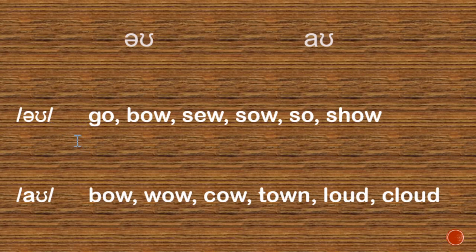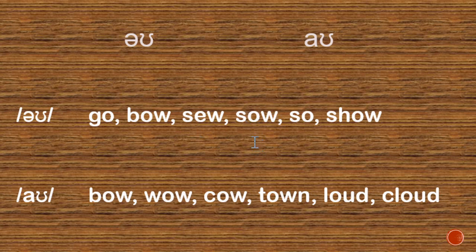Anyway, just know that there is a sound, as in go, bow, so, show. I've intentionally put these 3 because all the 3 have the same pronunciation. Sew is to use a needle on cloth, sewing.